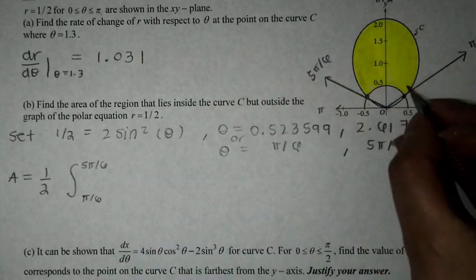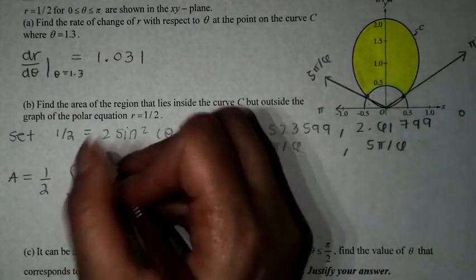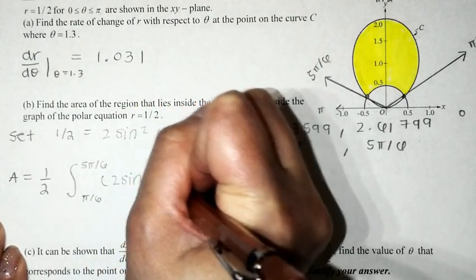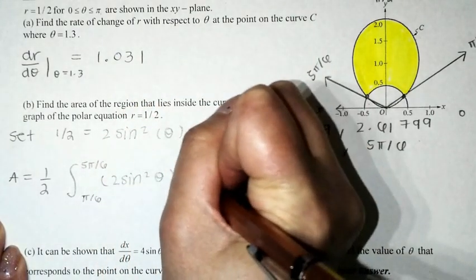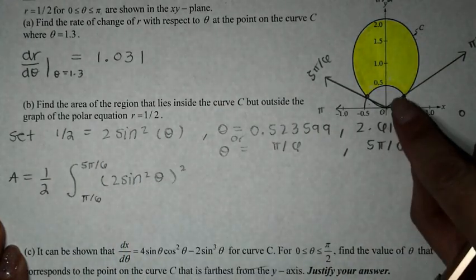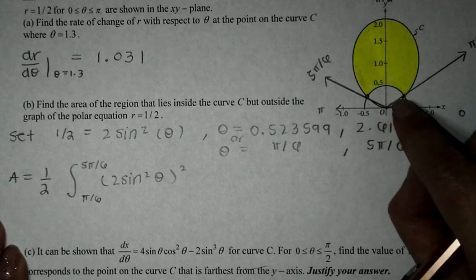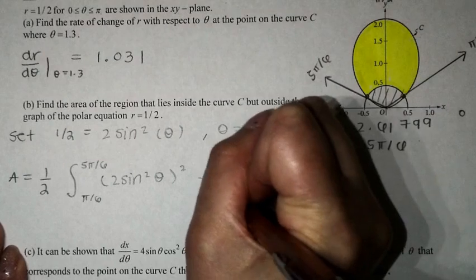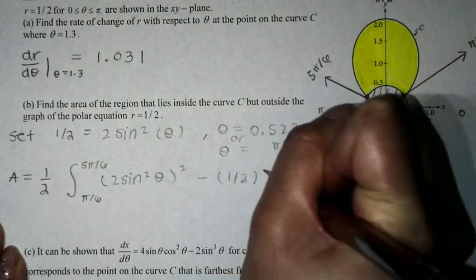Let's say that we start with C, right? So you have that C is going to be 2 sine square theta, squared, right? So this one is going to include the white part. Since we want to remove the white part, you are going to have minus 1/2 squared. Why 1/2?